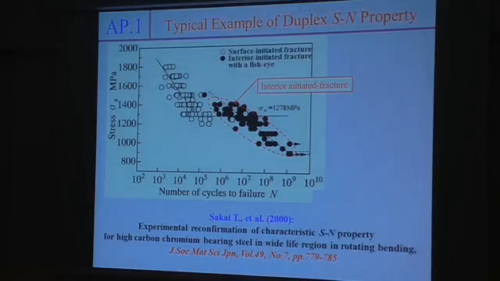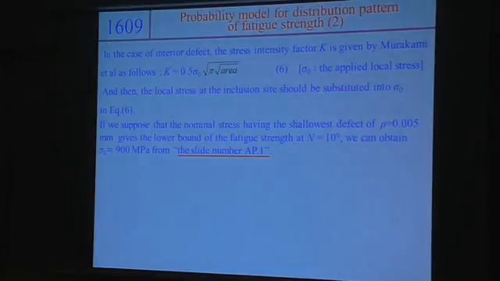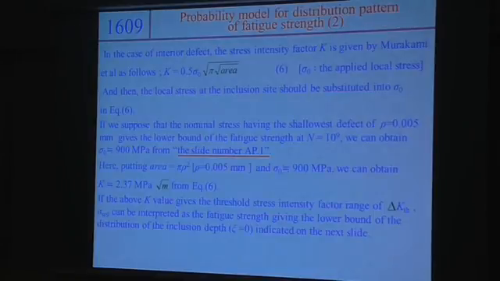That is, 10 to the 9th cycles, 900 megapascal. With area equal to pi rho squared and sigma 0 nearly equal to 900 megapascal, we can obtain K nearly equal to 2.37 from equation 6.